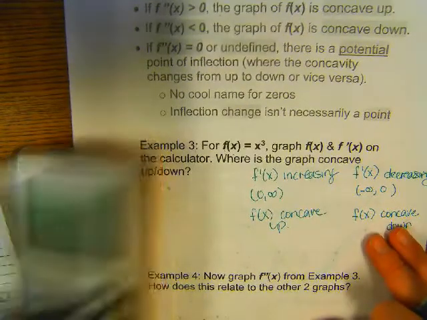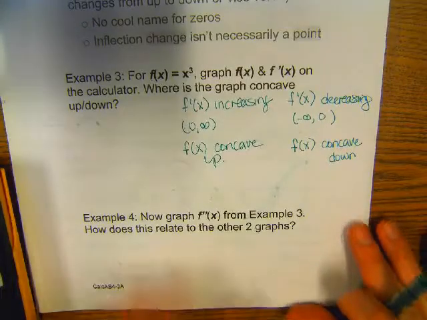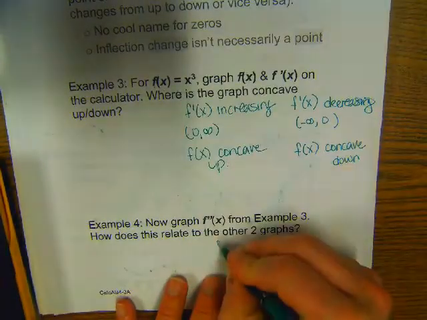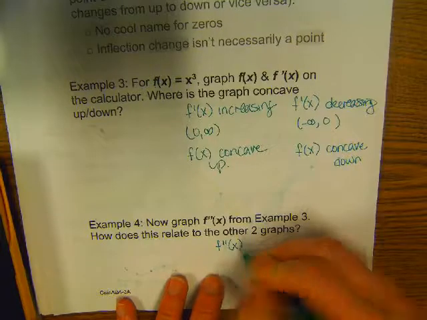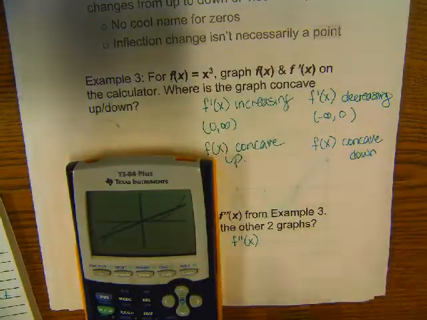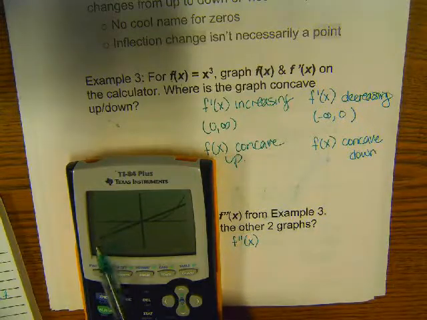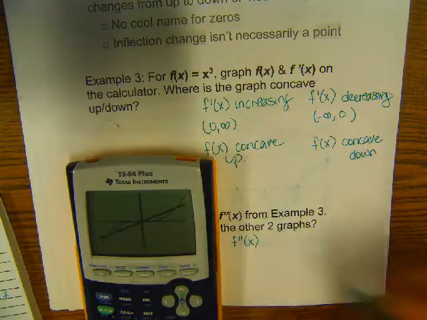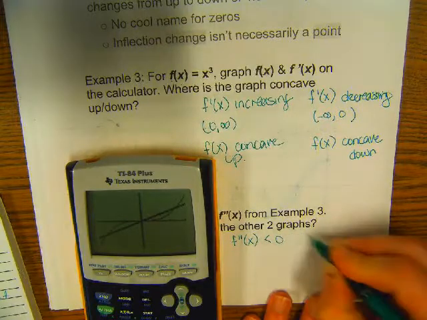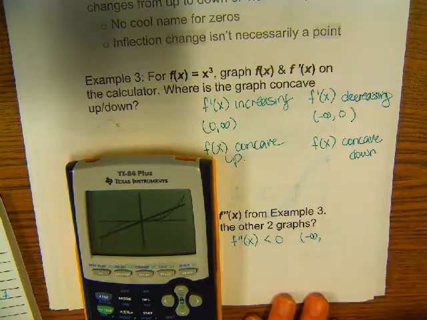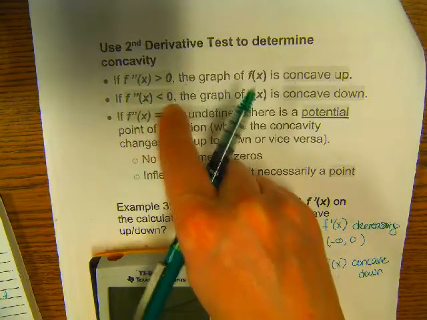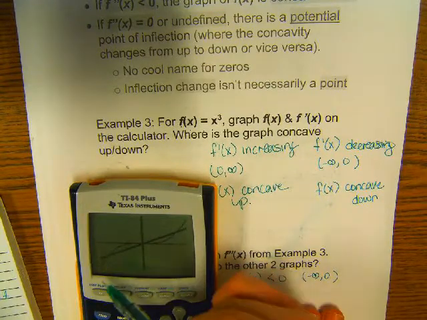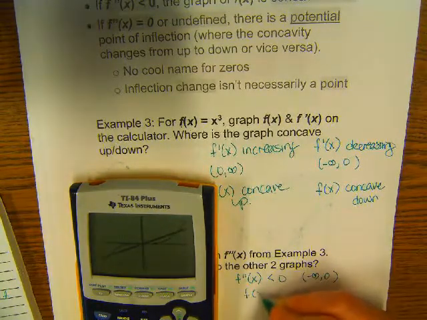According to this, the second derivative, f double prime of x, is negative. It's below the x-axis here, on the interval negative infinity to 0. So that is another way of telling us that when the double derivative is negative, the graph of f is concave down. And we see there's our graph of f concave down.